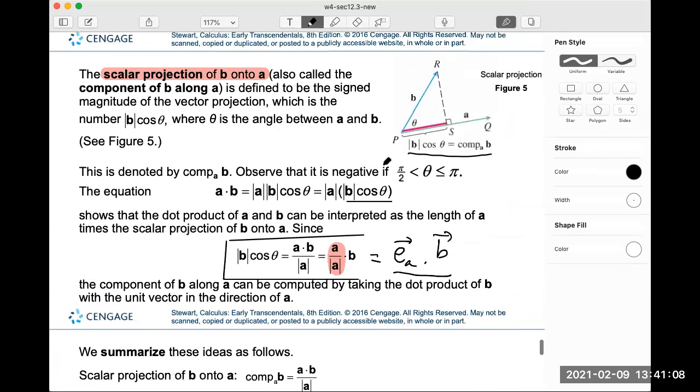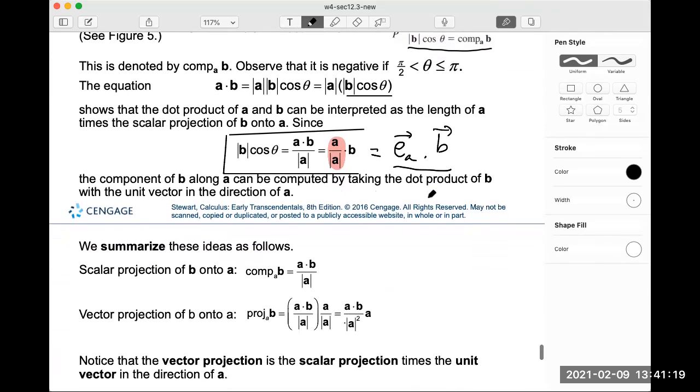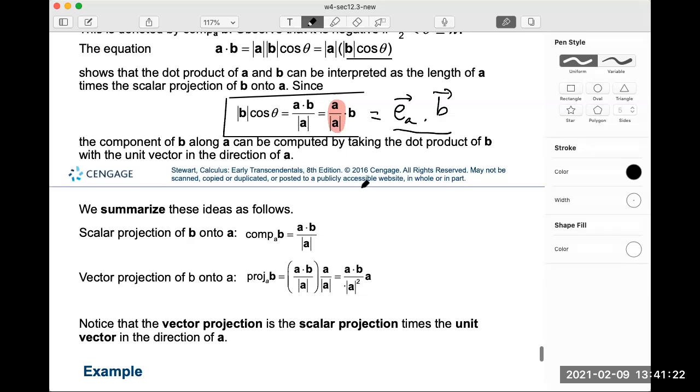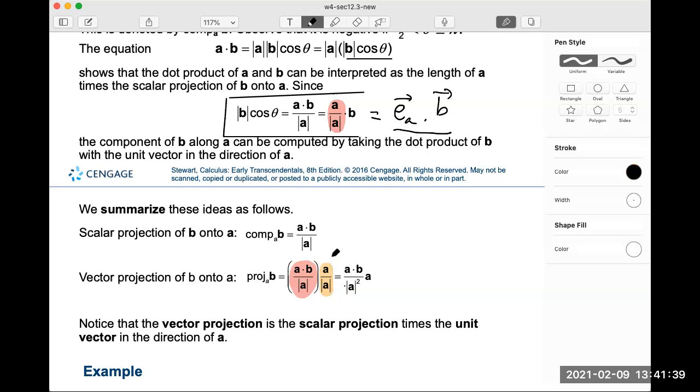And the vector projection, if it is here, then what is this vector? This is the scalar projection of vector B on A, right? And what is this guy, the one in yellow here?